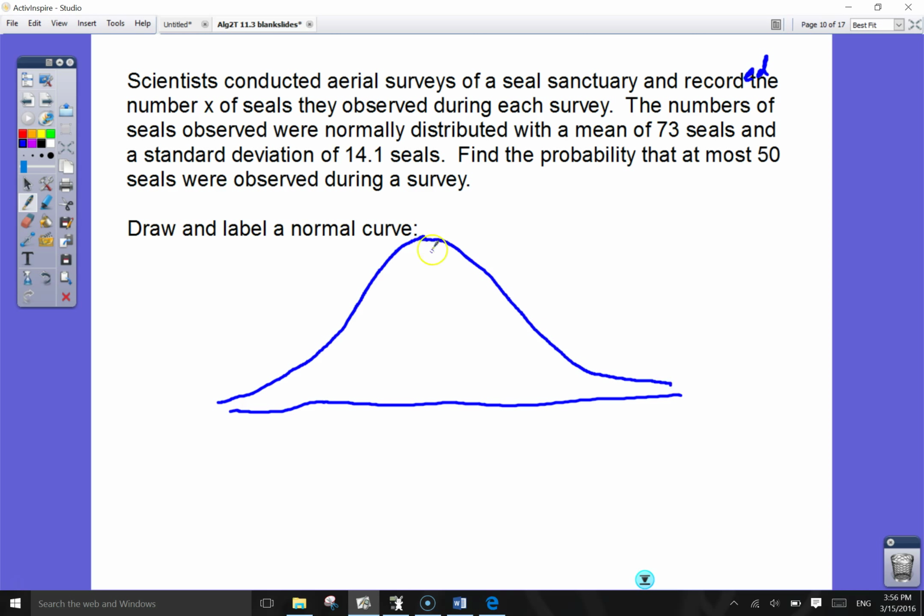What goes right in the middle of the curve? The mean. And in this case, the mean is 73. About halfway down the slope, right where it should be, is the inflection point, which is plus 1 standard deviation.